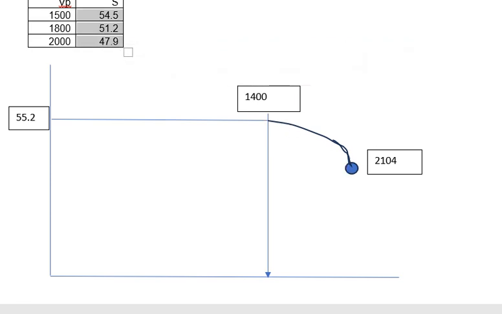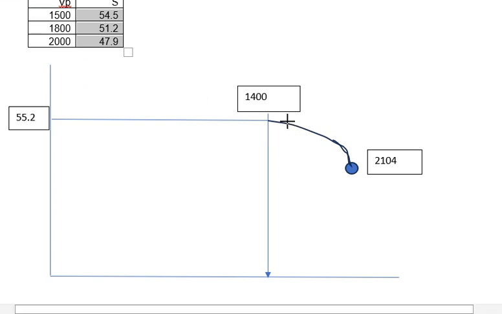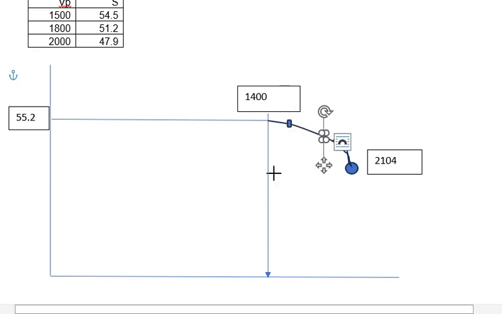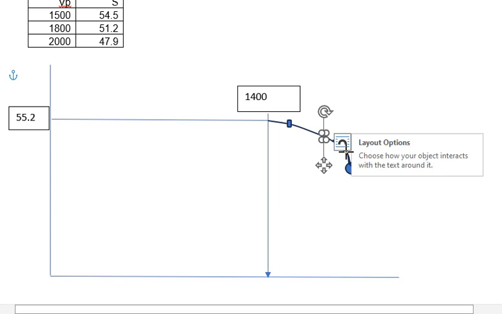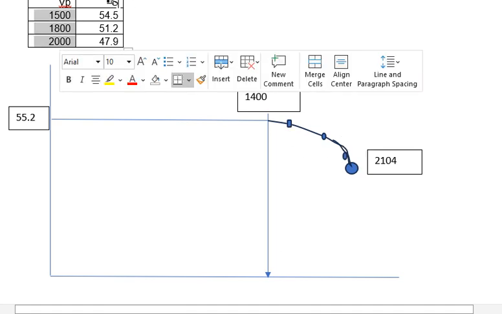There are 3 points between them. One is here, the other one is here, and the next one is somewhere here. For each of these points, the x will be taken from here and the y from here.